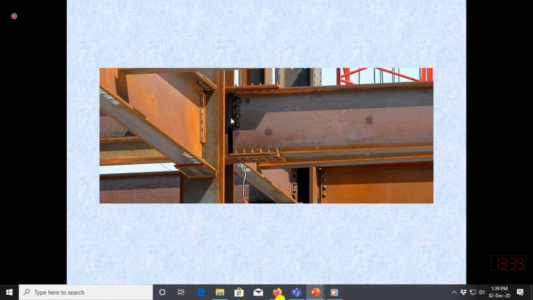And the maximum shear force at the end will be wL divided by 2. So it means that at the end we are having the shear force equal to wL by 2 and the moment equal to wL² by 12, which is being induced at the end.